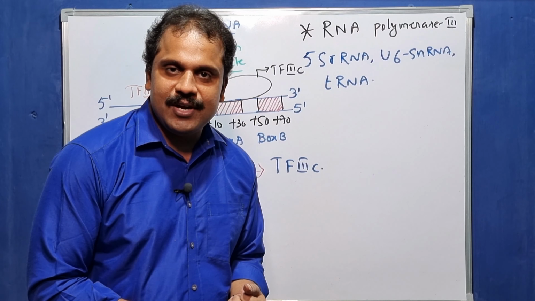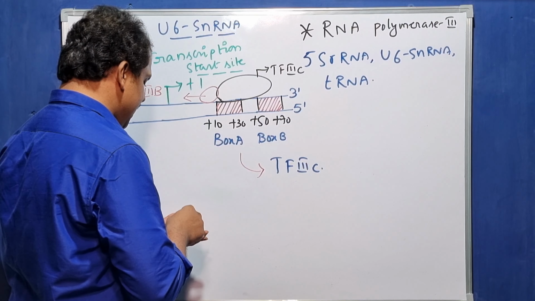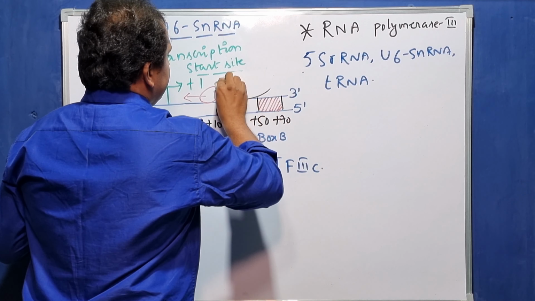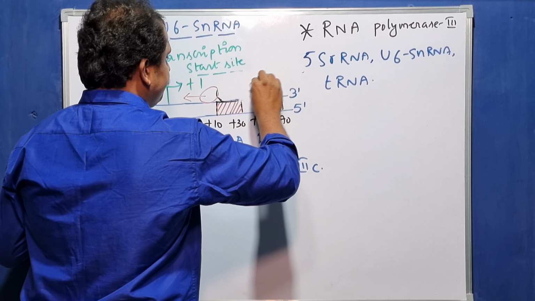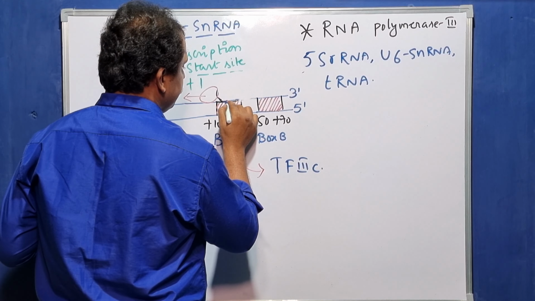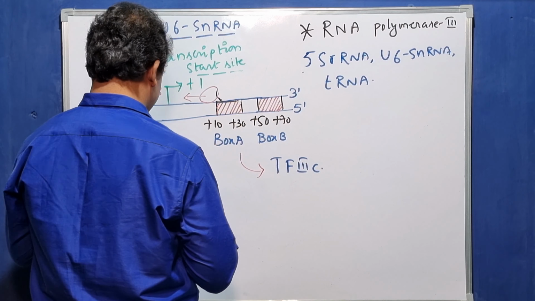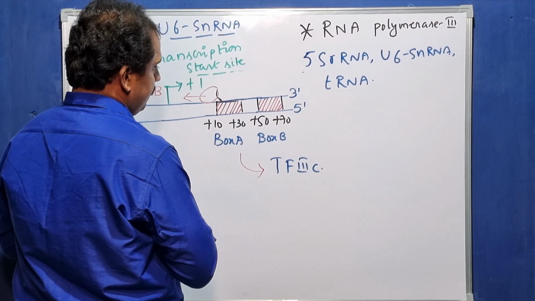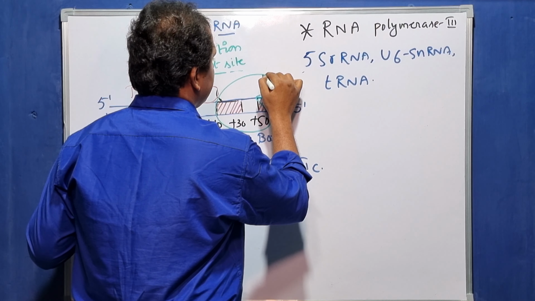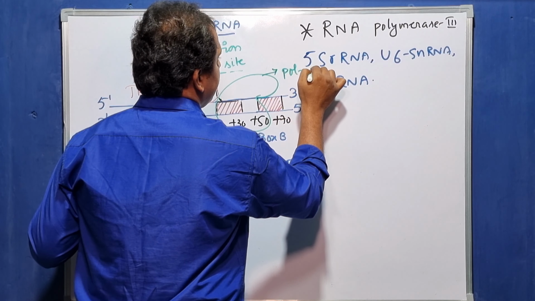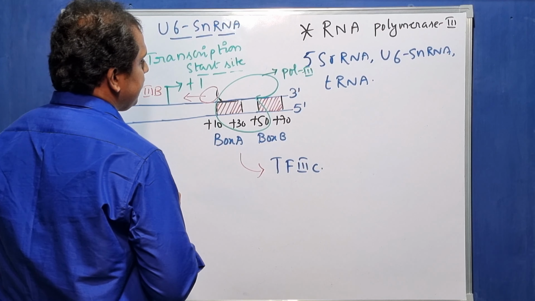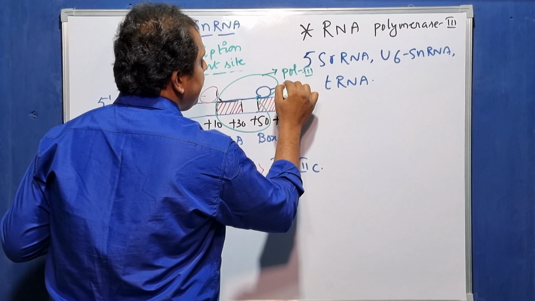Is it clear? So let me write it on the board. RNA polymerase III takes advantage of one more factor, the TATA binding protein or TBP.